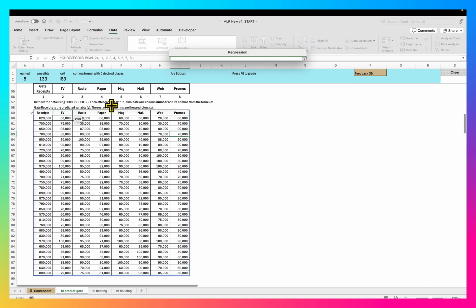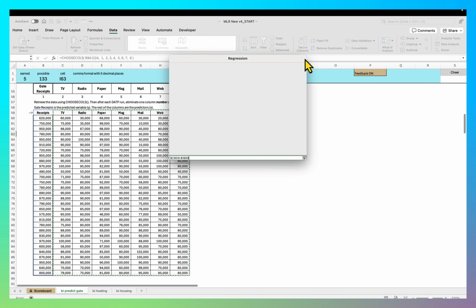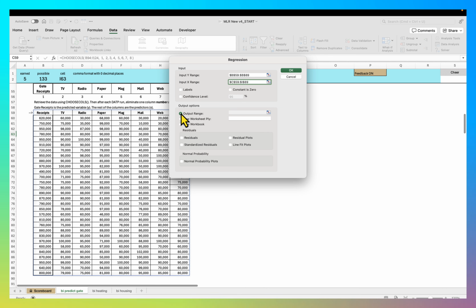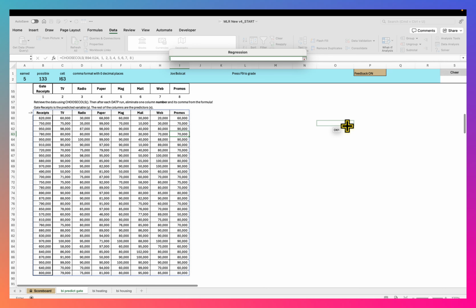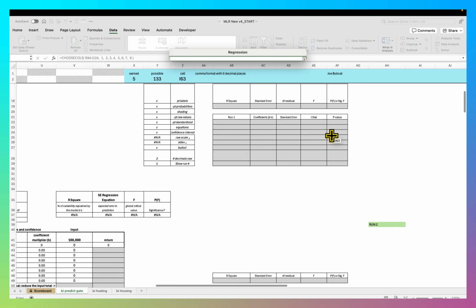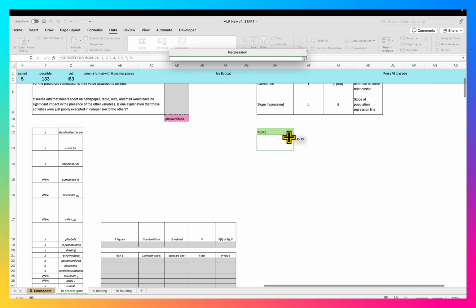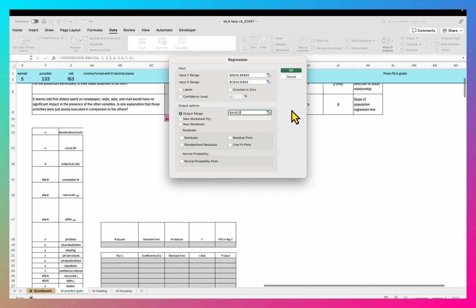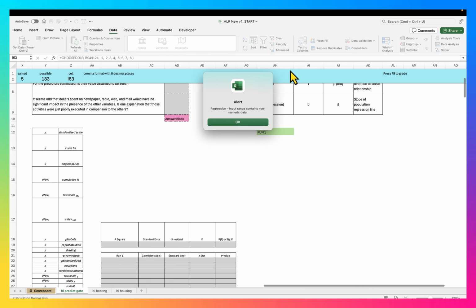Anyway, the X range is everybody else, including the headings. And the output range here is going to be way over here where it actually says run 1. So this is the first run. Click OK.